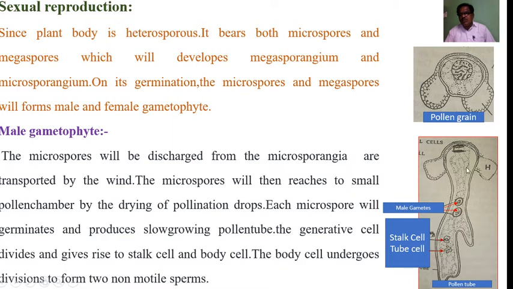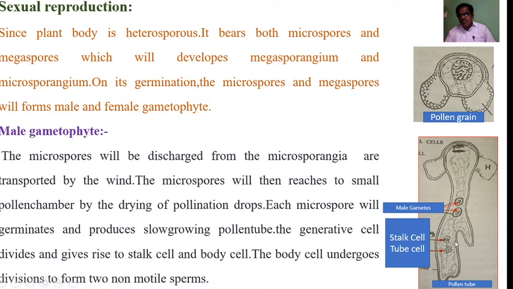The tube cell is responsible for the formation of the pollen tube. The second cell, present at the back side, is the generative cell. This generative cell again divides into two cells: one is the stalk cell and the second is the body cell. The tube cell remains as it is, growing faster.